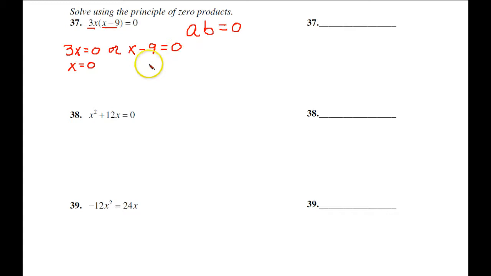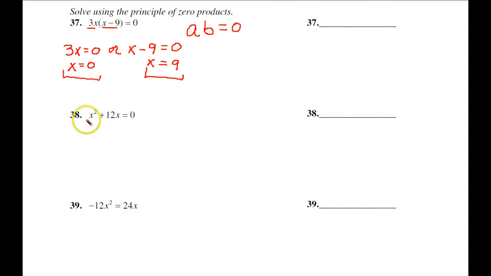And here we just transpose that, and we get x equals 9. So we are solving this little equation using the principle of zero products, and there are our two solutions.